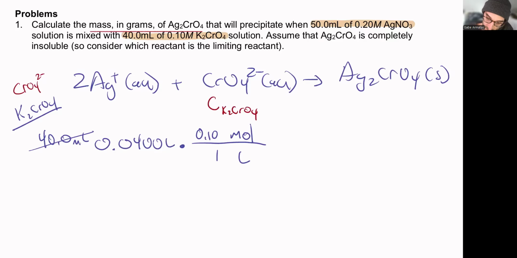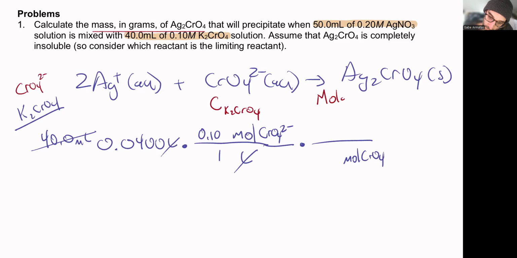At this point, liters cancels, and I am left with moles of chromate. Again, I'm going to ignore the potassium part here because we need to focus on just the chromate. All right. So times a fraction, I want moles of chromate to go away. This is where I'm using my molar ratio. I want to convert from moles of chromate to moles of silver chromate.